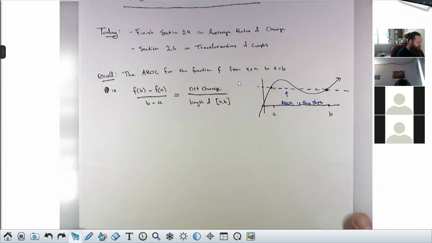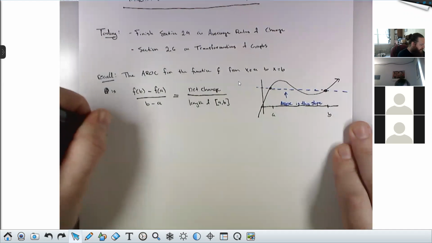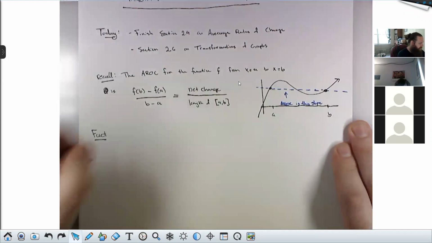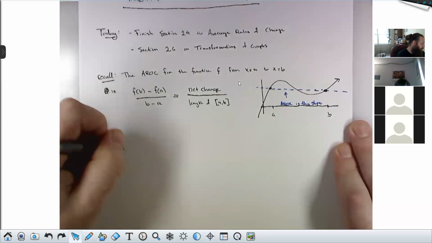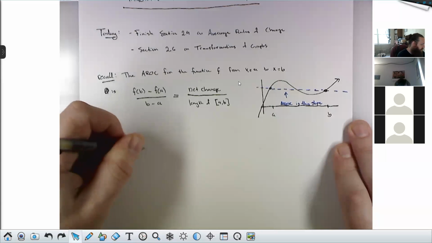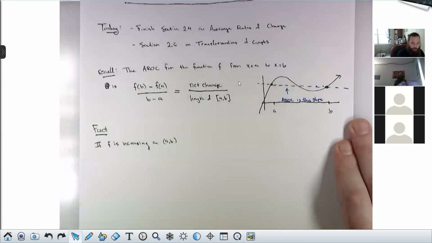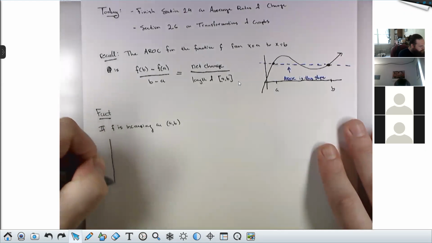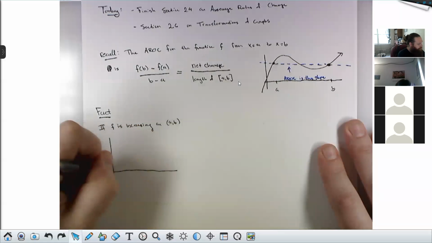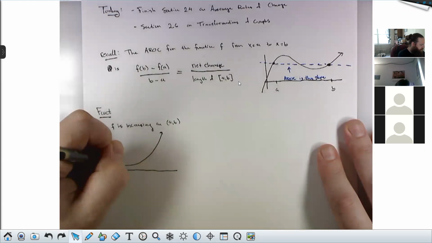All right. Before I ask you the question, I want to share with you a fact. It's a fact in 2 acts. The first act says, if f is increasing on the interval a, b, perhaps elsewhere, but at least on that interval a to b, maybe something like this.